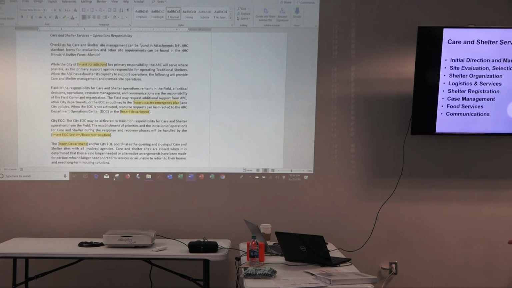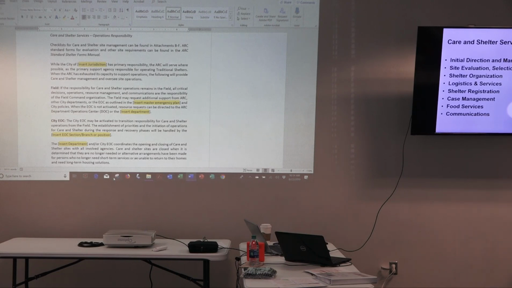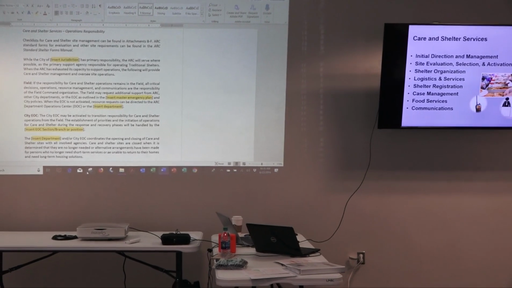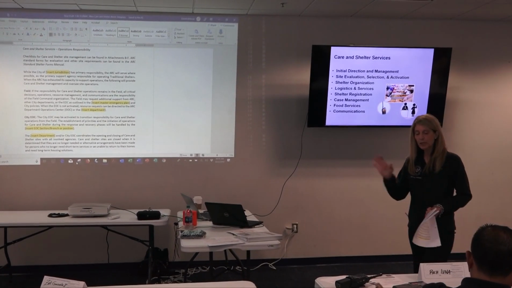They make the decision to go ahead and keep the sheltering operations under their command in the incident command structure. That means that they're responsible for all the tactical operations that are going on in the shelter, and therefore if they're responsible for the tactical operations, they're going to need to embed something in their organization that manages it.